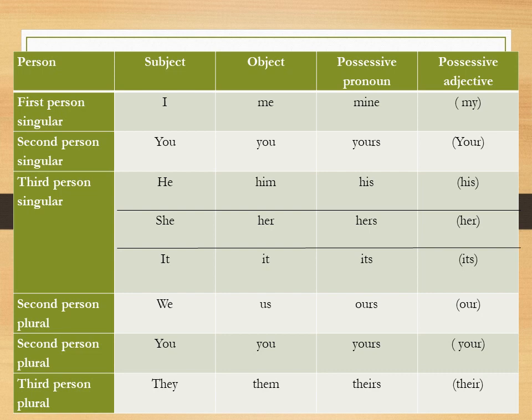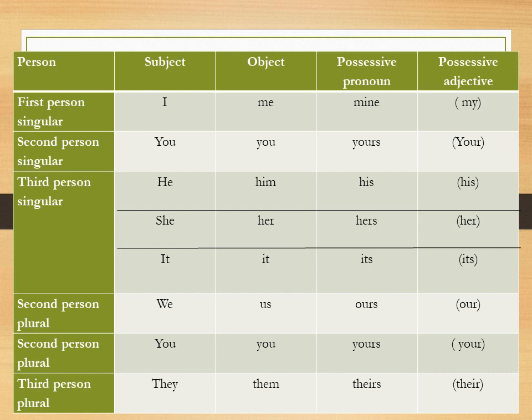The first person singular, the subject is I, and the object is me. The possessive pronoun is mine, and the possessive adjective is my. Then second person singular, you, the object is you, the possessive pronoun is yours, and the possessive adjective is your.